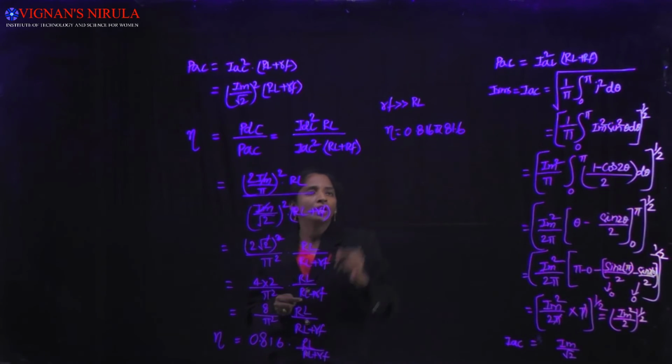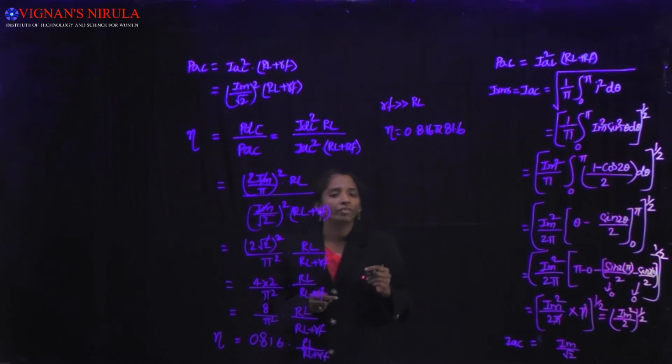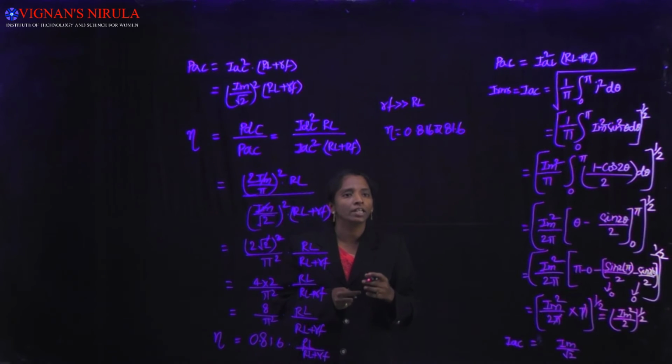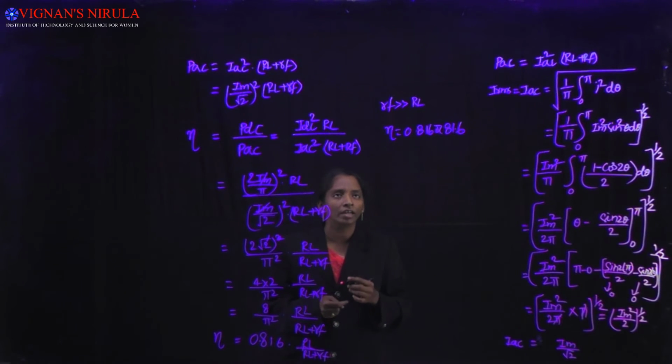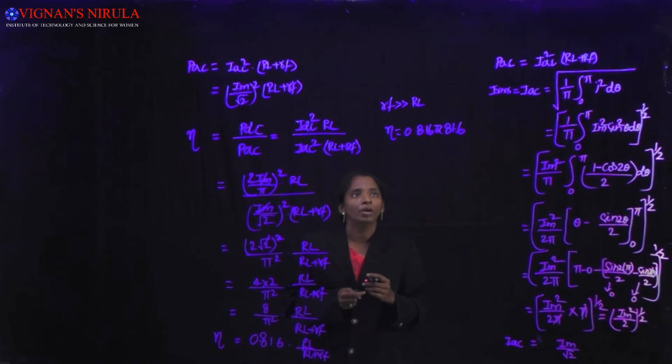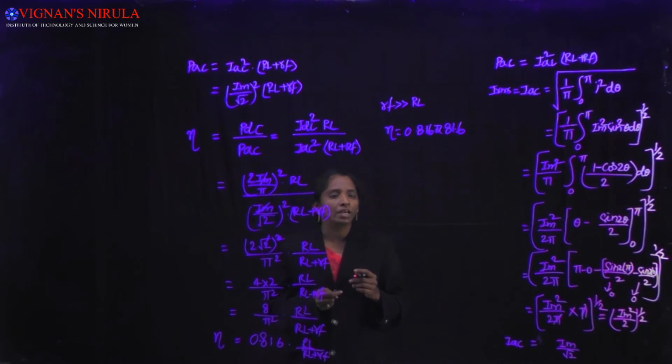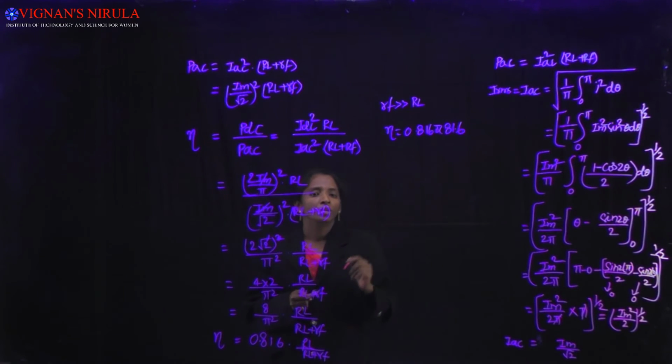So here we are neglecting RF, the internal resistance of the diode, when compared to RL. At that time we are getting efficiency equal to 0.816 or 81.6 percent. The efficiency of full wave rectifier is twice the efficiency of half wave rectifier. So here we are getting more efficiency.